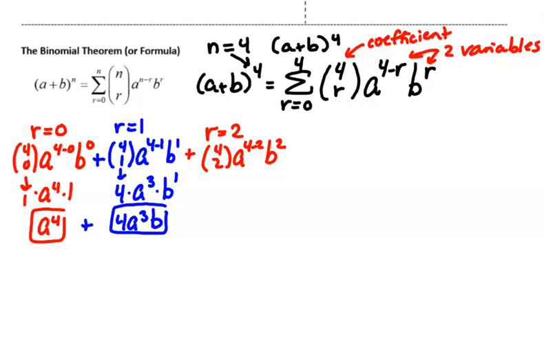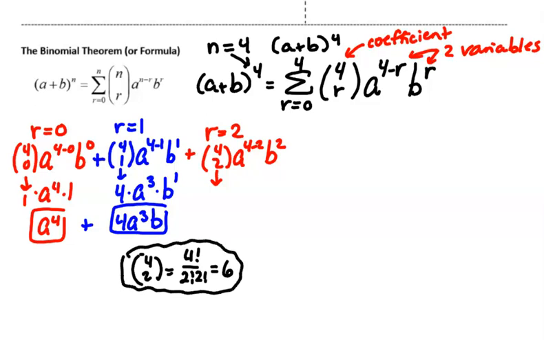For 4 select 2, remember it was 4 factorial over 2 factorial times 2 factorial, and when I did that I got 6. So this is 6 times a squared times b squared. So 6a squared b squared is my third term.